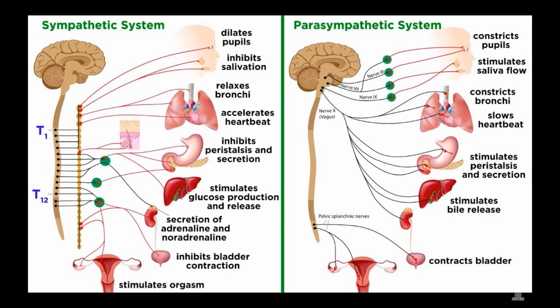Okay, stimulating release of bile is very important, and that's with the parasympathetic system. So it's involved in stimulating the gallbladder to contract and also release bile from the liver for digestion of fats in the gastrointestinal tract.